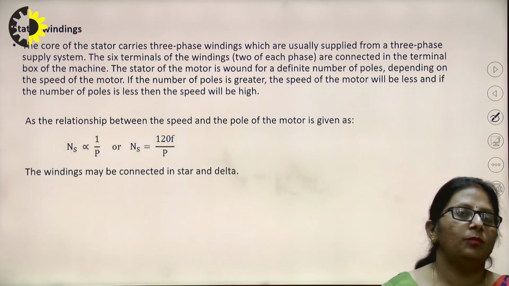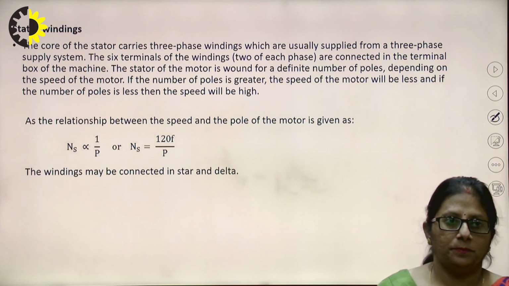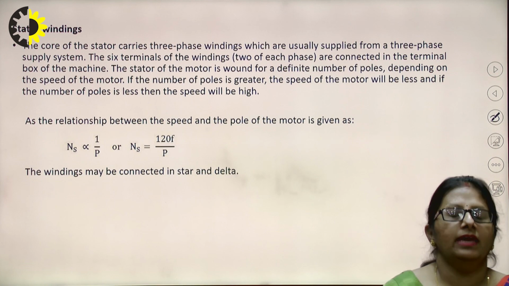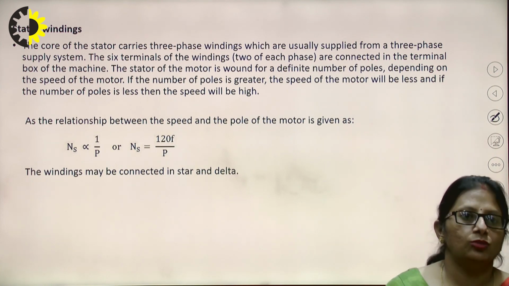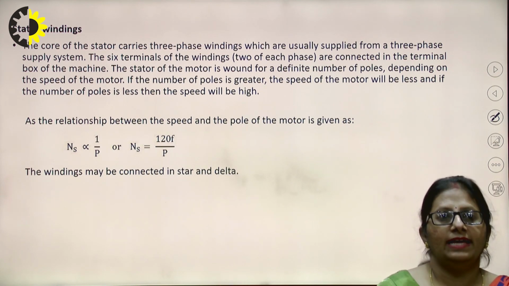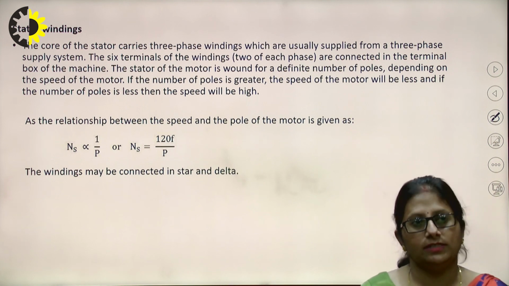Obviously, if the number of poles is greater, the speed of the motor would be less, and if the number of poles is less, the speed would be higher. Synchronous speed is inversely proportional to the number of poles. So, as the number of poles is increased, the synchronous speed decreases.